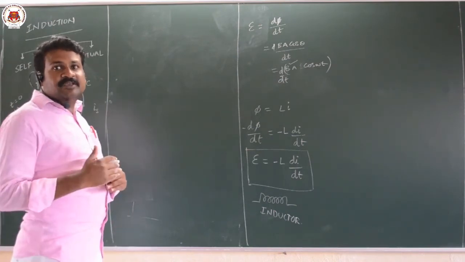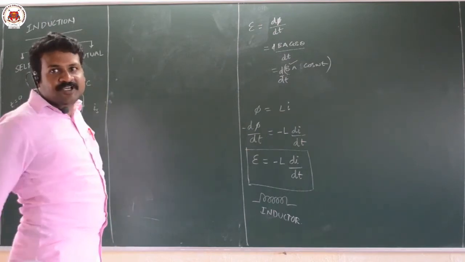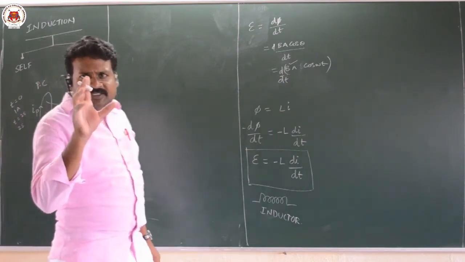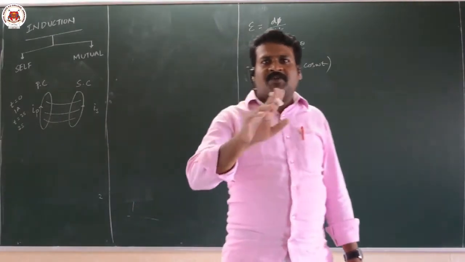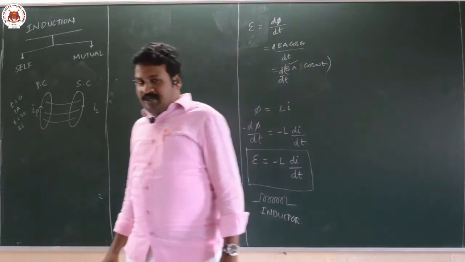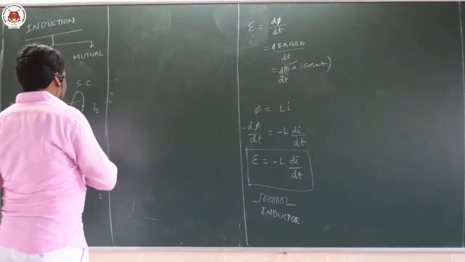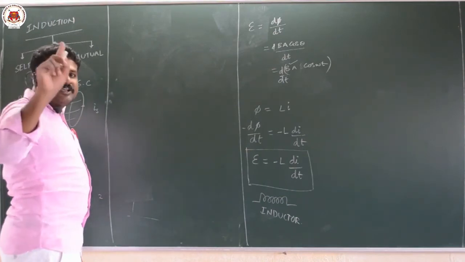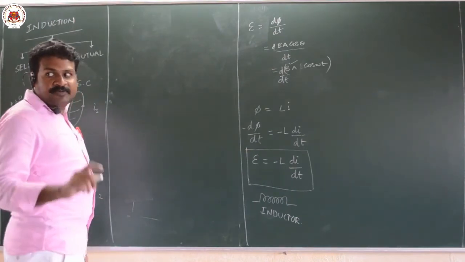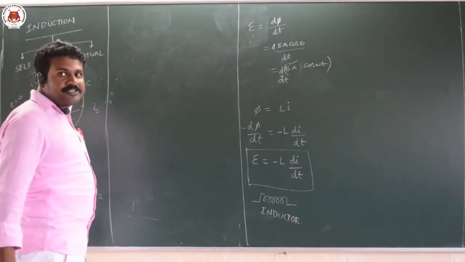That means the flux associated with secondary also will change, because the magnetic field the secondary has is nothing but the magnetic field of the primary. When flux linked with secondary changes, EMF is generated in secondary.